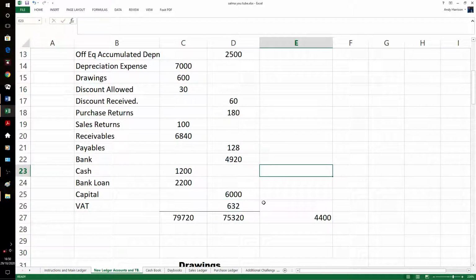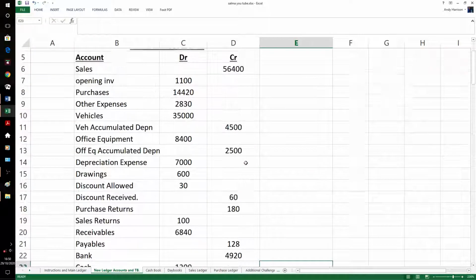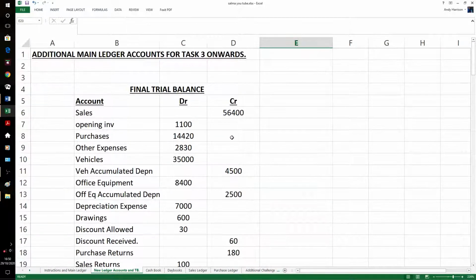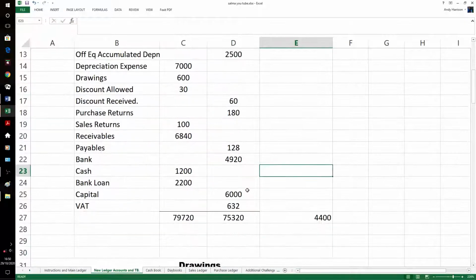We've got 4,400 missing. What have I missed out? I've done a typo somewhere. Or have we missed one out? Because it doesn't balance.